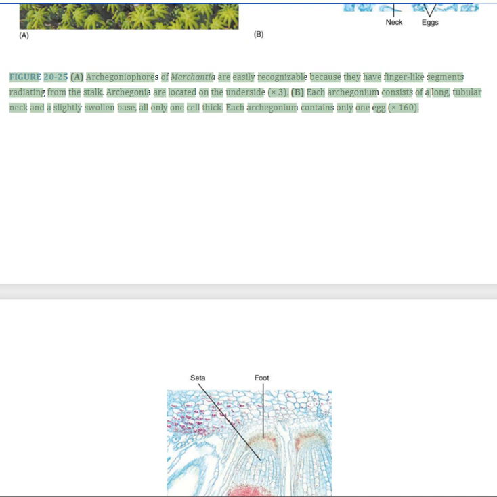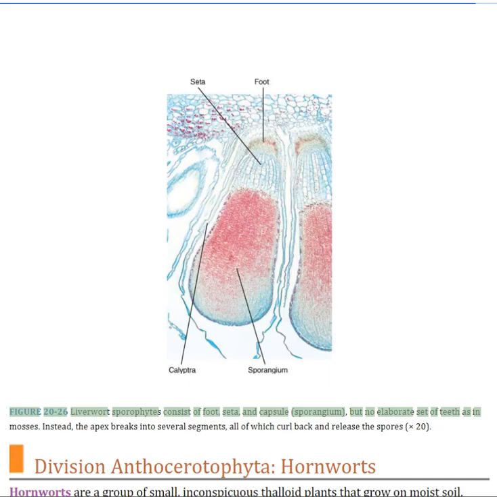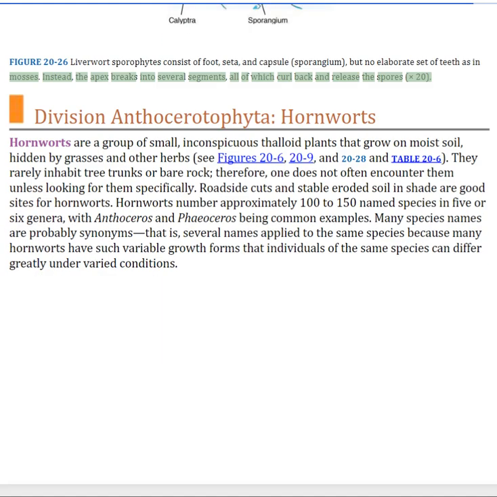Each archegonium consists of a long, tubular neck and a slightly swollen base, all only one cell thick. Each archegonium contains only one egg. Figure 20-26. Liverwort sporophytes consist of foot, seta, and capsule, but no elaborate set of teeth as in mosses. Instead, the apex breaks into several segments, all of which curl back and release the spores.